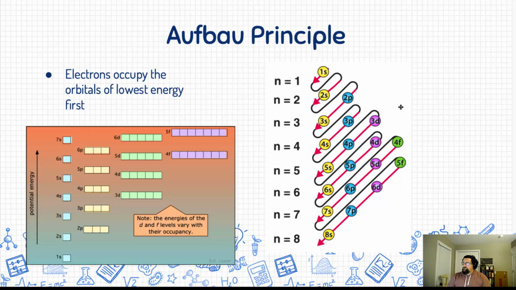And so by doing these diagonal lines, you actually can see the order at which you're going to fill these. All right, the 1s, then the 2s, 2p, 3s, 3p, 4s, 3d, 4p, 5s, 4d, 5p, 6s, and you keep going. And that's just the order at which we're going to put electrons into the orbitals. Okay, so that's the Aufbau principle.